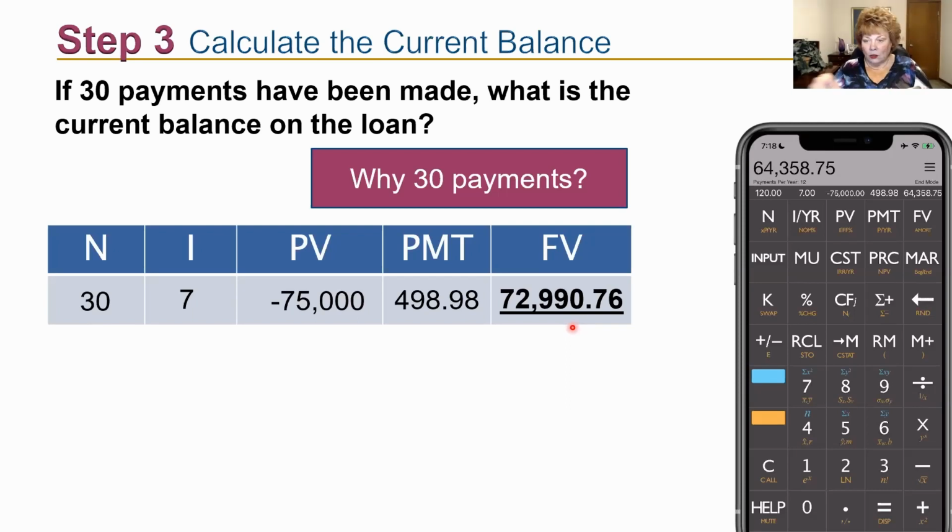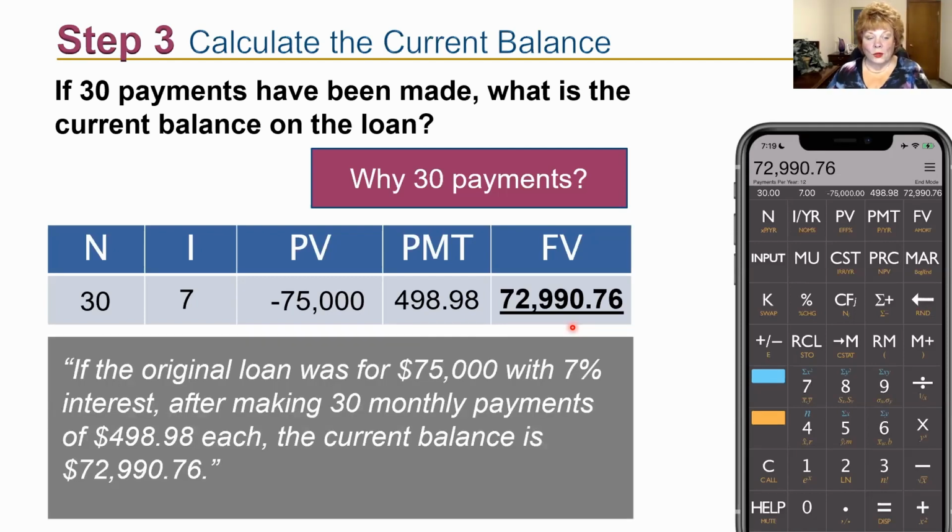So we're going to put 30 into N, and we solve for FV, and we get $72,990. Let's do that and see if this really works. So I'm going to put 30 into N, and we've got the 7, the negative 75,000, and the 498. All I have to do is press FV, and we get 72,990.76.